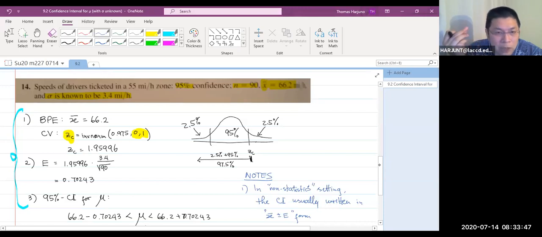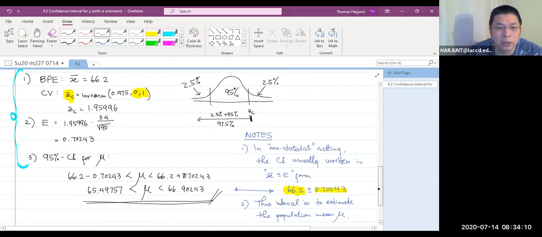So it is possible somebody driving 50 miles per hour actually gets ticketed for other reasons, and it is possible somebody driving 70 miles per hour does not get a ticket. But if we try to find the overall average, then the average will be in this small interval here.